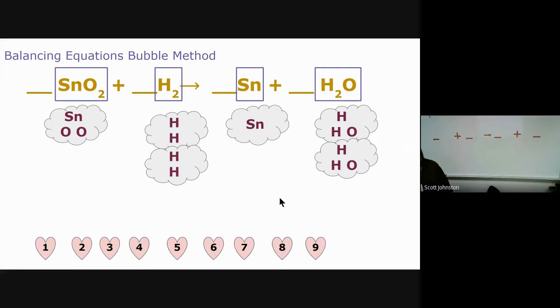So we have one bubble for the first one, two bubbles for the second, one bubble for the third, and two bubbles for the last one. So that means our coefficients are going to be 1, 2, 1, 2. So this is relatively simple.